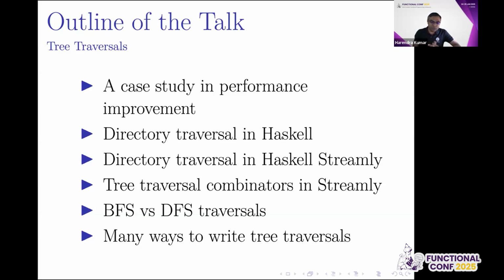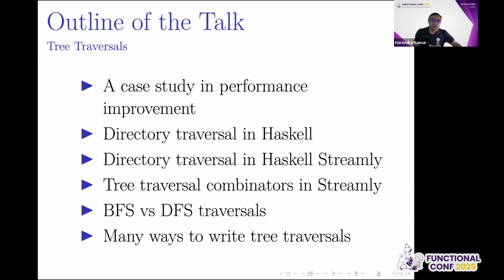Usually, when I go to any Haskell talk, people talk about how you do graph traversals in pure functional style. So today we'll talk about how we can do that elegantly in a functional, modular, and composable manner, and still have the performance that matches or surpasses C or Rust.